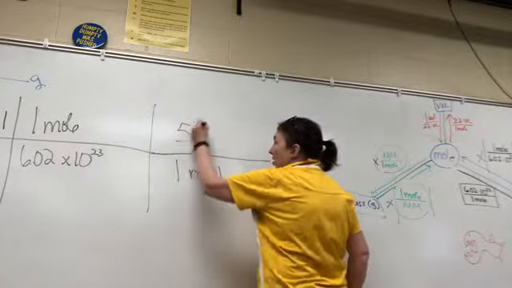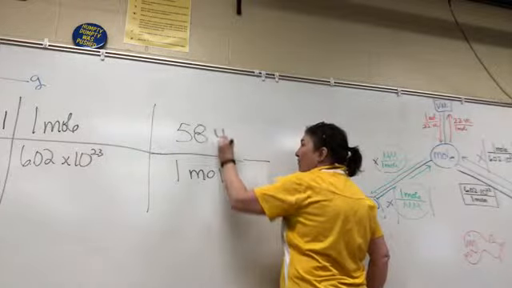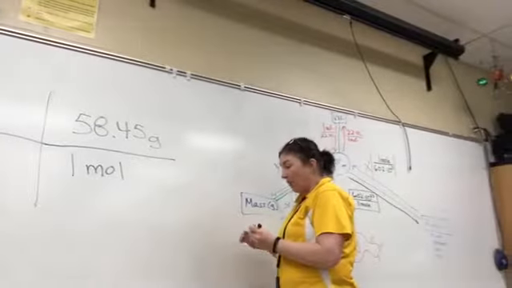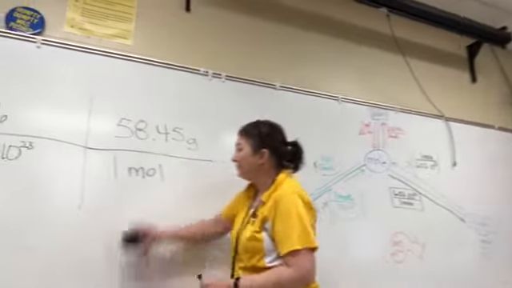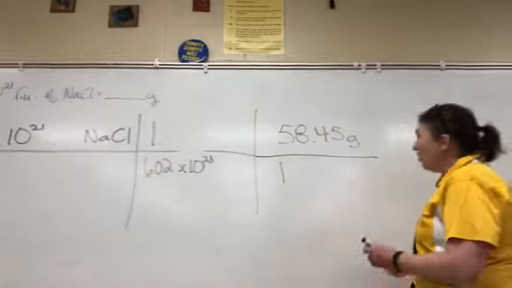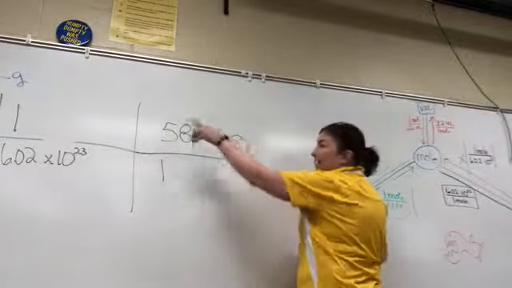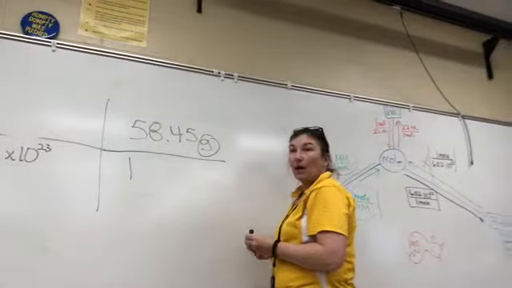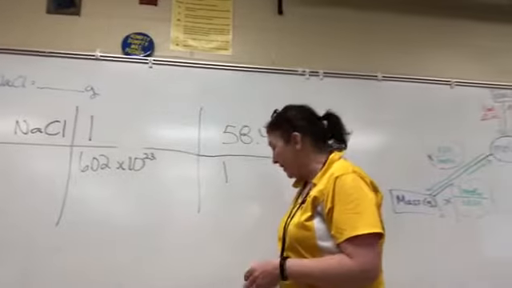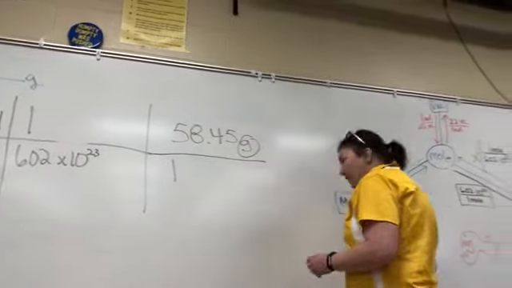Thank you. 58.45 grams. That way my moles cancel out. Here's on bottom. Here's on top. And look what unit I'm at. I'm at grams. That's what I'm looking for. I'm looking for grams, and I'm at grams. So now multiply the top by the top and divide it by the bottom.